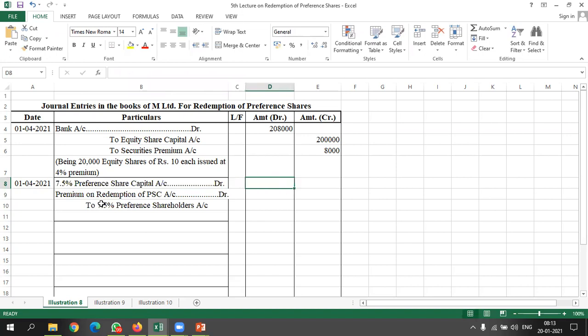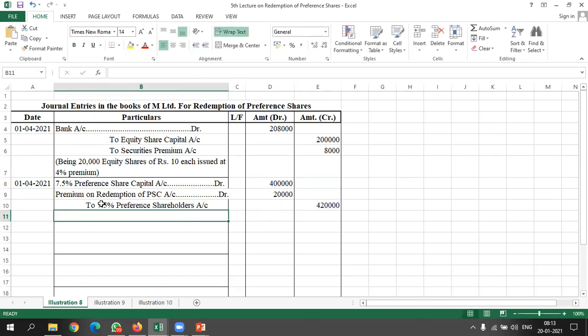Now let's see. We are going to transfer 4 lakh rupees preference share capital plus 5% premium, which comes to 20,000. So in total how much are we going to pay? 4 lakh 20,000.